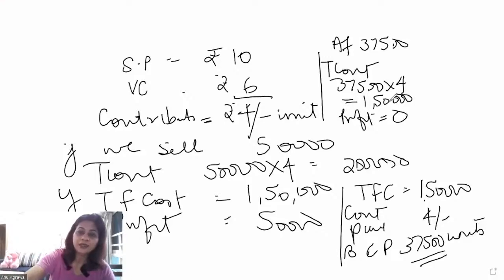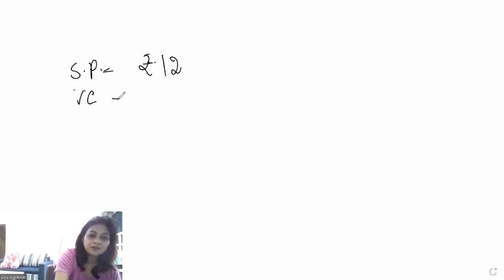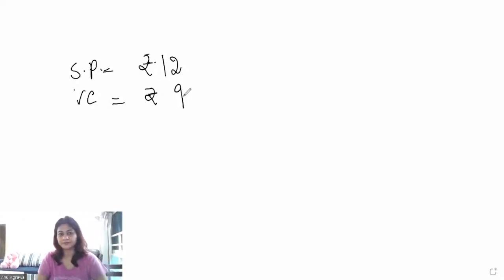Makes me feel so happy. Okay, if all of you are clear, do it for me. Say, for example, the selling price of my product is rupees 12. The variable cost of producing the product is 9.